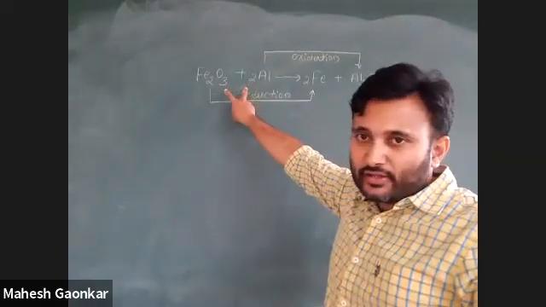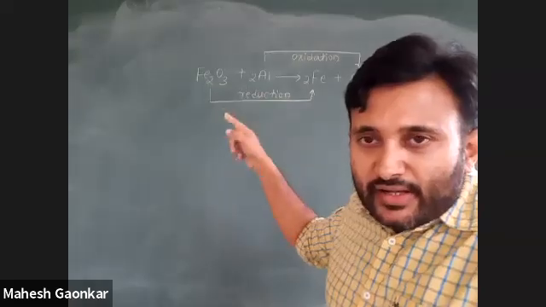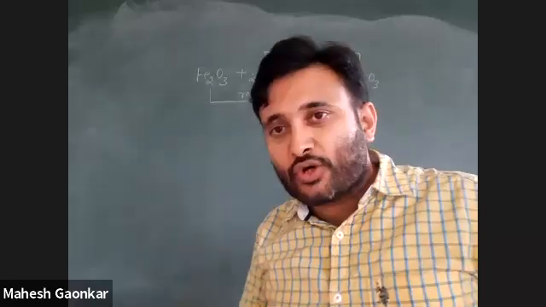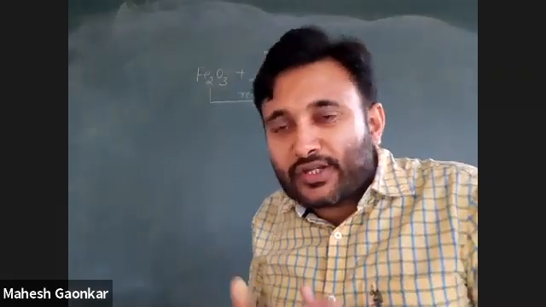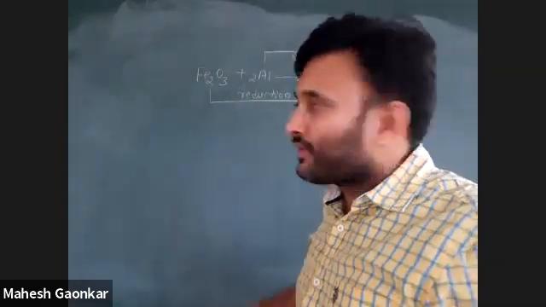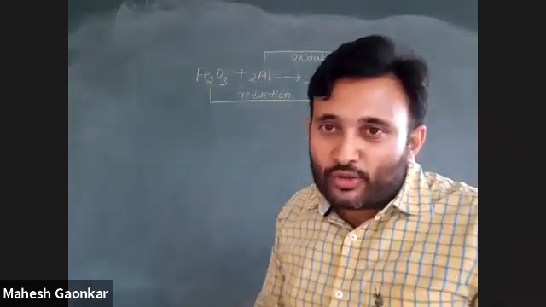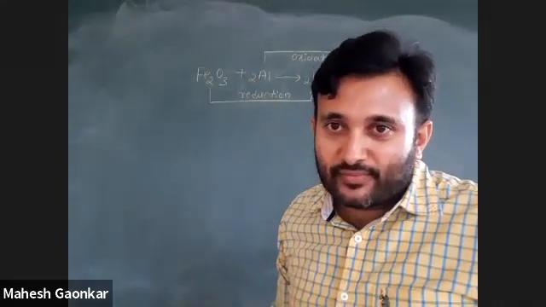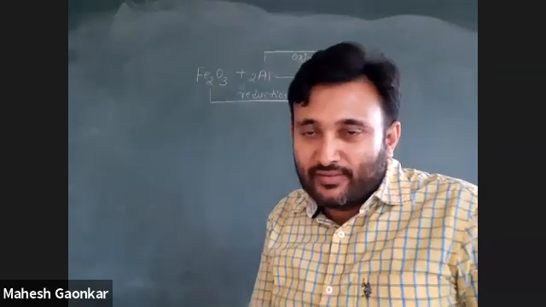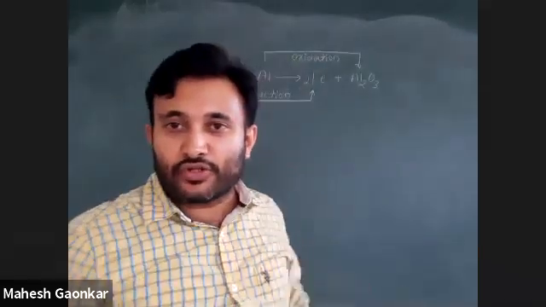How many reactants are there? There are 2 reactants. Which reactant has oxygen? Fe2O3. The one which has oxygen is the one that can lose it. Aluminium cannot lose oxygen because it doesn't have any.